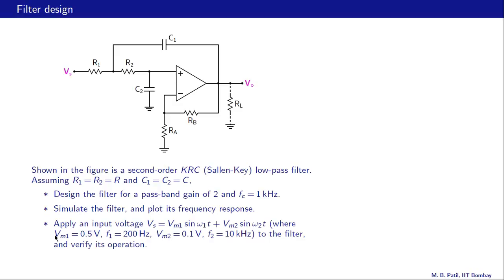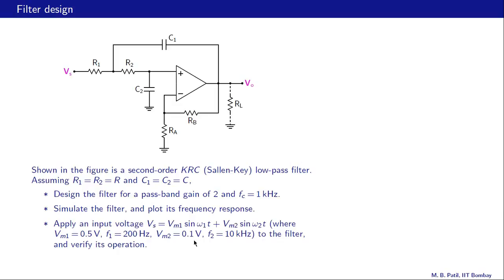And finally, apply an input voltage Vs equal to Vm1 sin omega 1t plus Vm2 sin omega 2t. So these are two sinusoids. One of them has a low frequency, 200 Hz, which is smaller than the cutoff frequency.